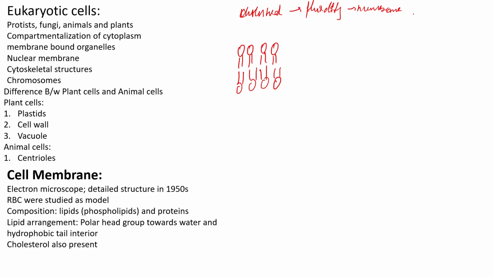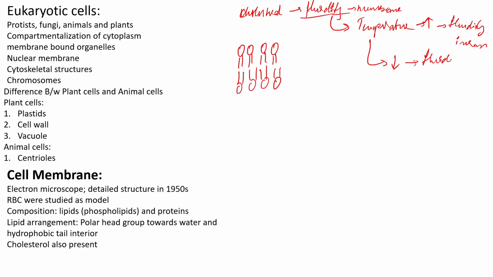How? The membrane fluidity is mainly controlled by a factor, that is the temperature. Remember this. If the temperature increases, fluidity increases. However, if the temperature decreases, fluidity decreases.